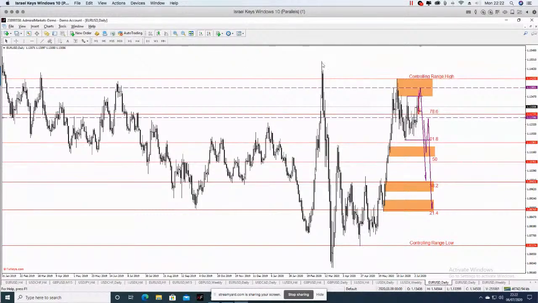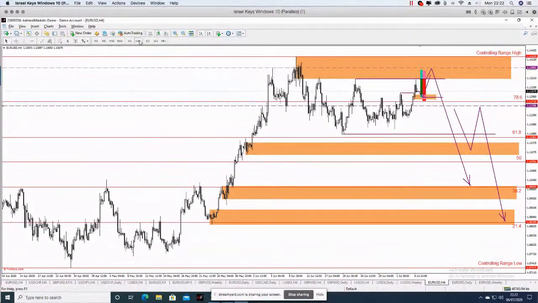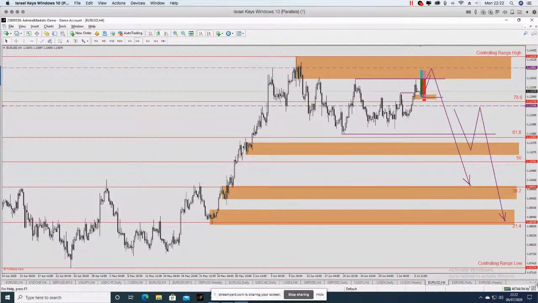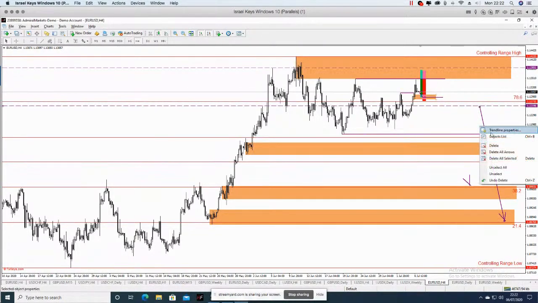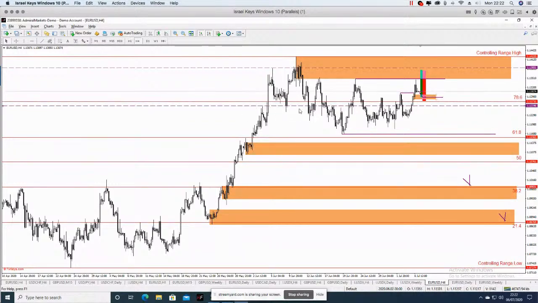I know the chart's looking a bit busy. In fact, because it's looking too busy, I'll just take one more picture of this. And I will close down some of these things. So let's get rid of all this. I'm going to leave this here because it's a 4-hour consolidation middle.